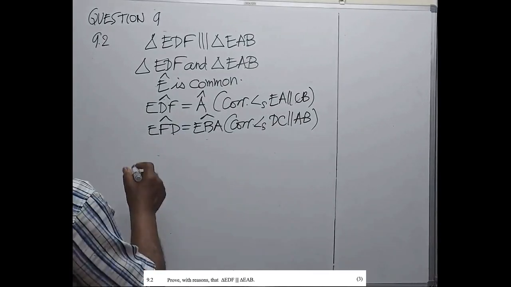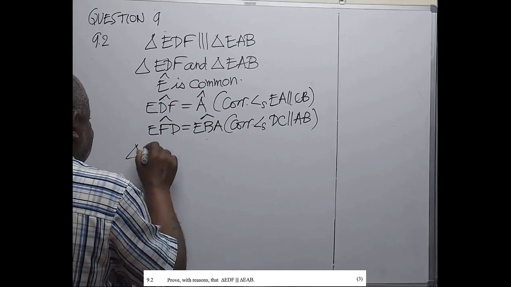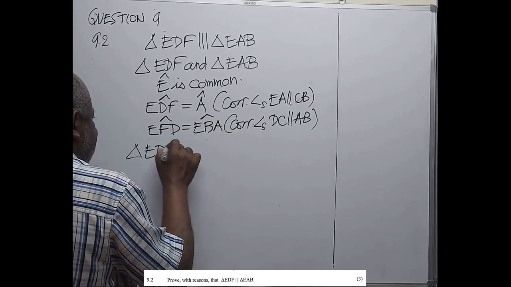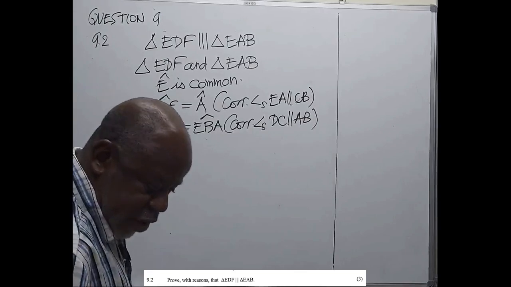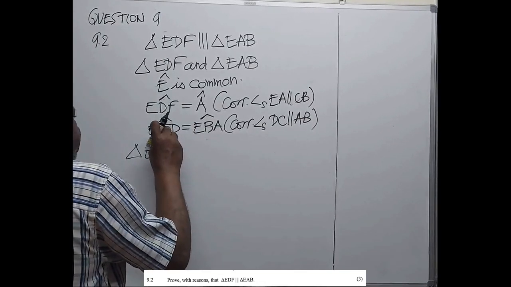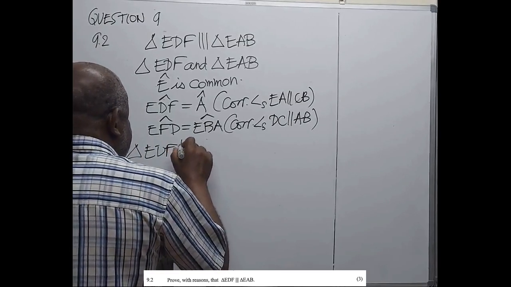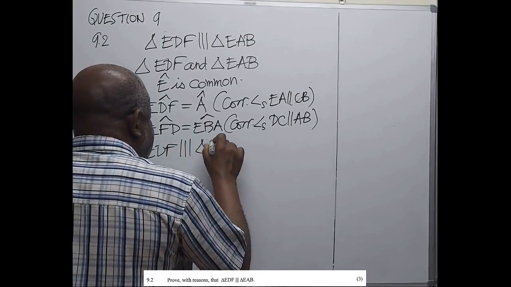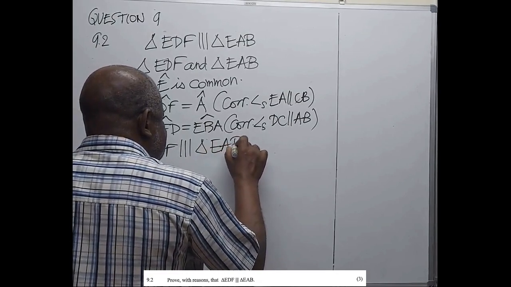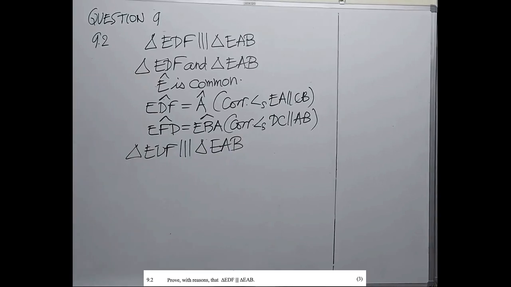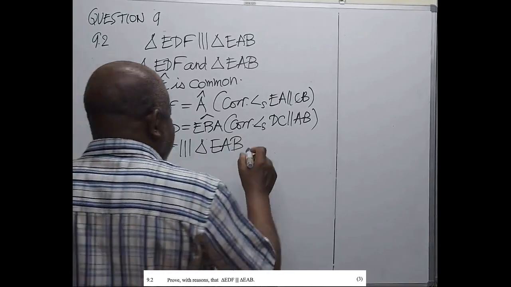We're going to say that triangle EDF is similar to triangle EAB. This is the statement.